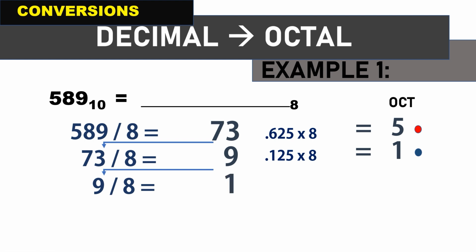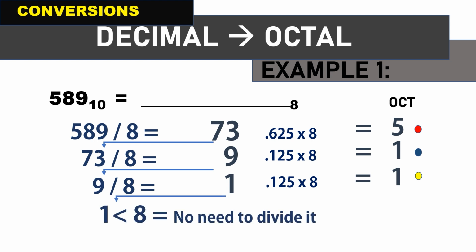The quotient is 1.125, then multiply it by 8, and we'll have another 1. So I mark it yellow for the second one. Then the last digit is 1, which is less than 8, so no need to divide it, but we still have to extract that digit, so I mark it green. Don't forget the order of writing, so we will have now 1115. That is the converted octal.